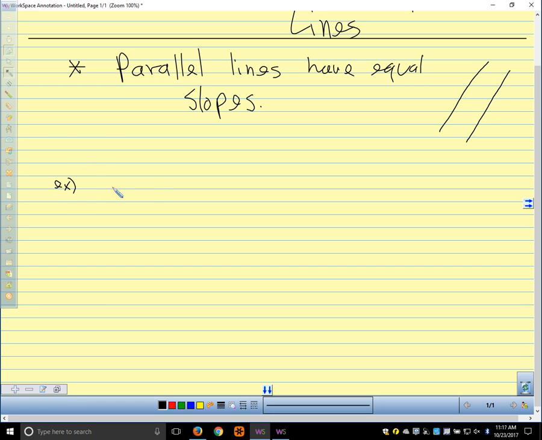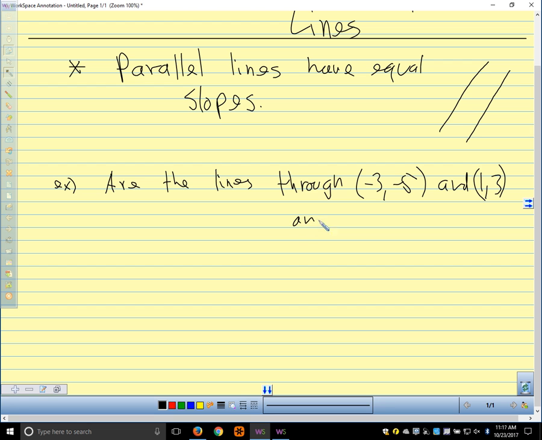Similar to our opener, we might be asked, are the lines through (-3, -5) and (1, 3), and (2, -2) and (5, 4), parallel?